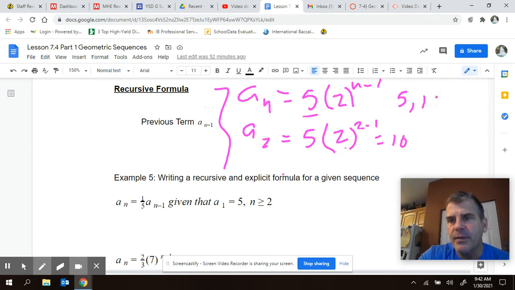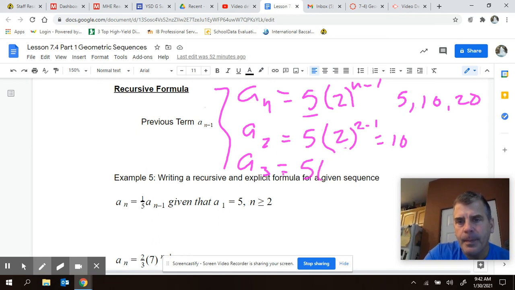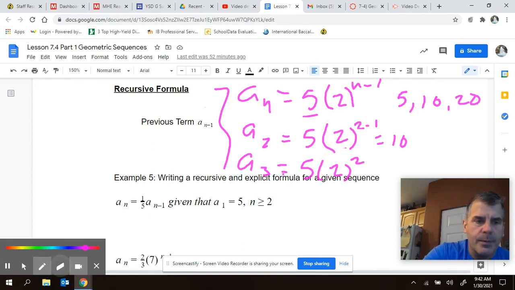That should make sense. If the common ratio is 2, we're doubling this. The next one we should already know is going to be 20. But let's use the formula to generate that. And what I mean by that is put 3 in for n into our formula. Well, 3 minus 1 is going to be 2. I'll be very specific.